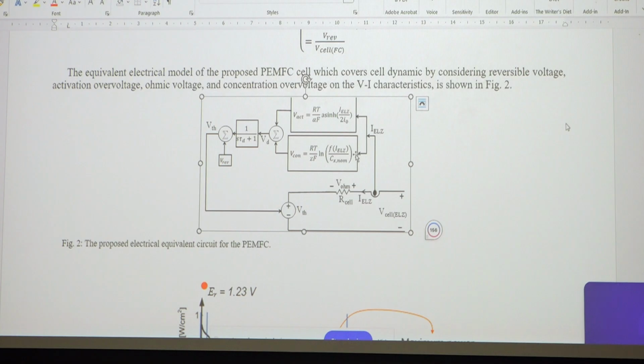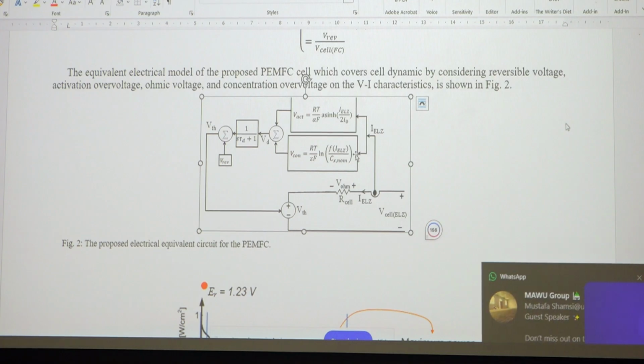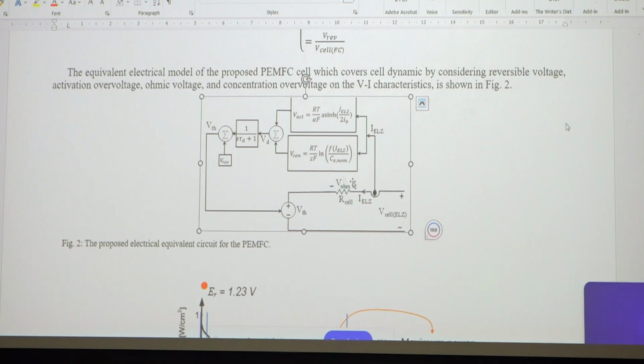It needs some time to follow the external current profile change, because there is a time requirement to pass electrons from one electrode to another electrode that cannot be reflected in the outside conductor. That means the conductor is required to complete the circuit. This delay we can represent by a first order time delay.